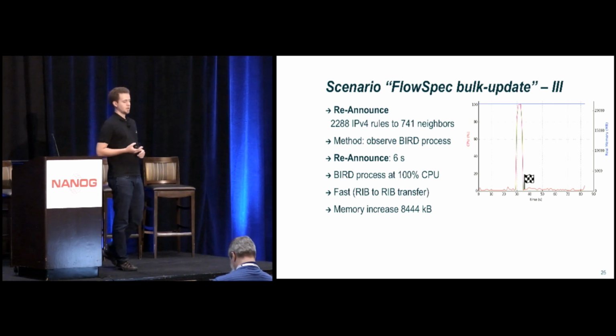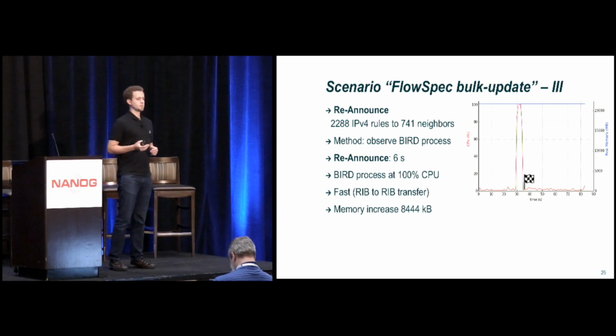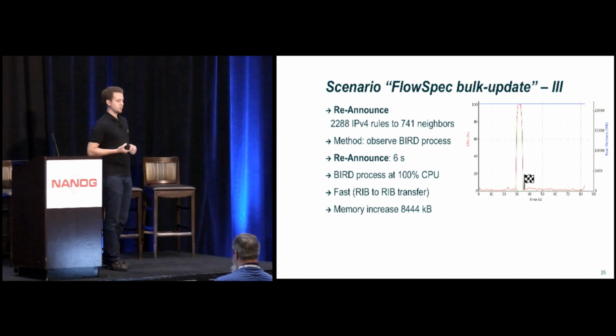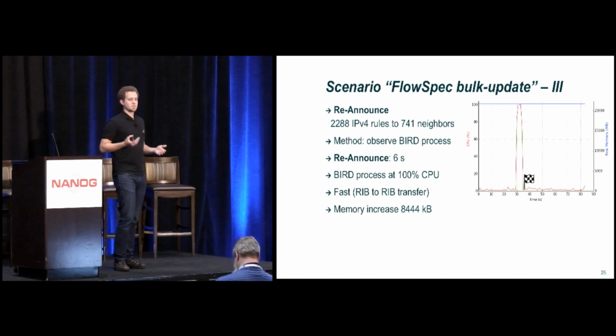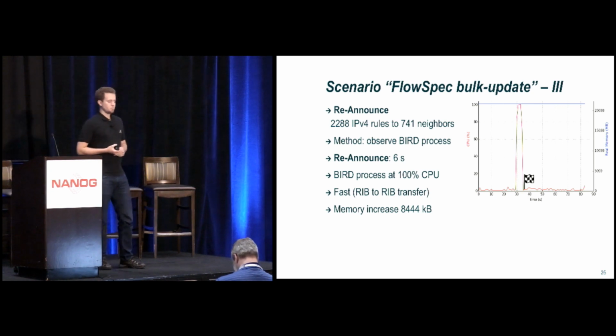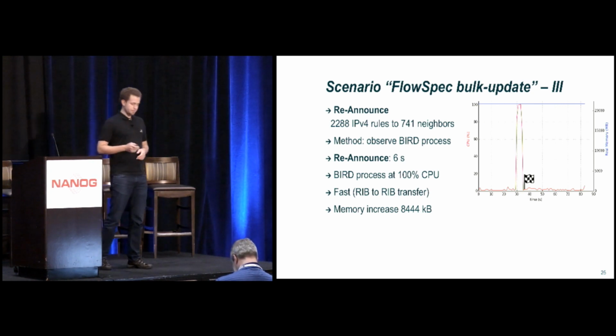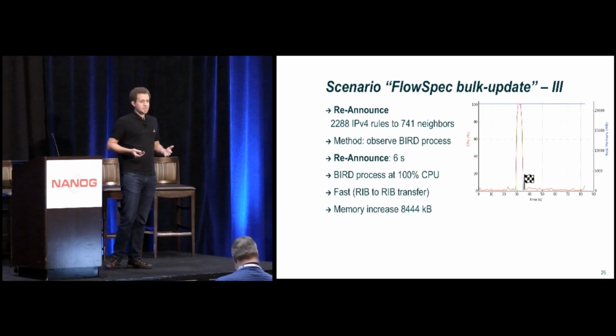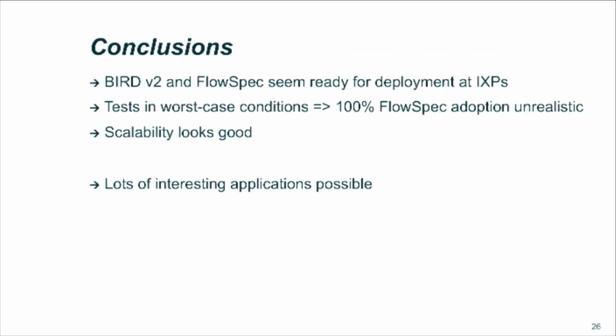Interestingly, here BERT allocated more memory, around 8,000 kilobytes. I don't really know, maybe it's caching something that was withdrawn in the past, but it's not a big deal. So that was basically the evaluation that I performed.